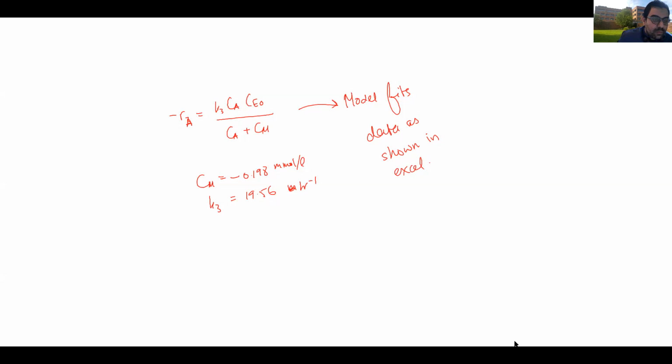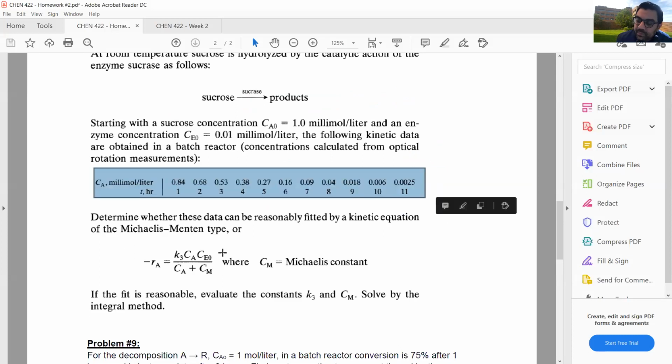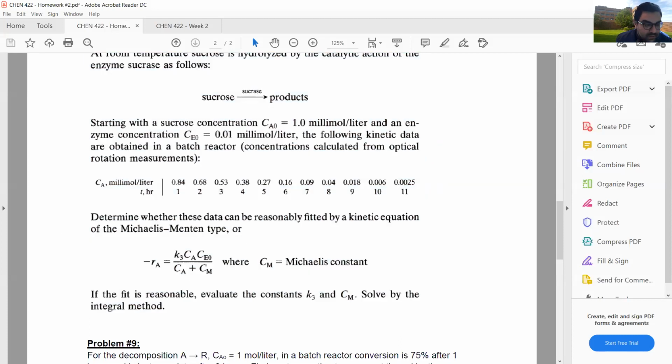Okay, so let's revise this problem and just reiterate what we did. In this problem, you're given a reaction, you're given CA note, you're given CE note, you're given a bunch of experimental data, and you're asked to verify whether this kinetic model fits this experimental data, right?